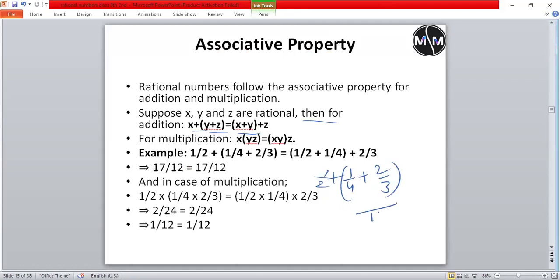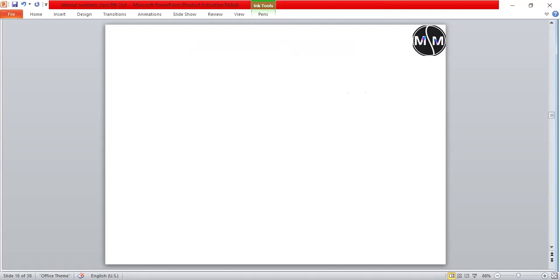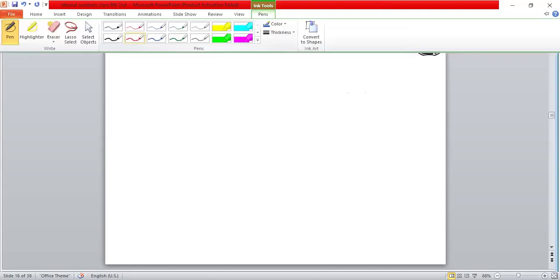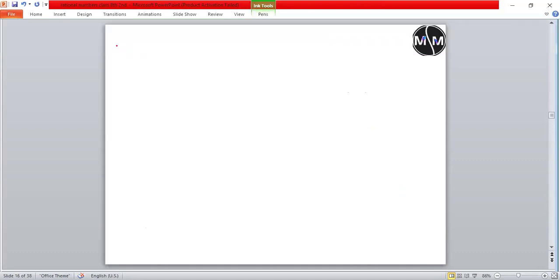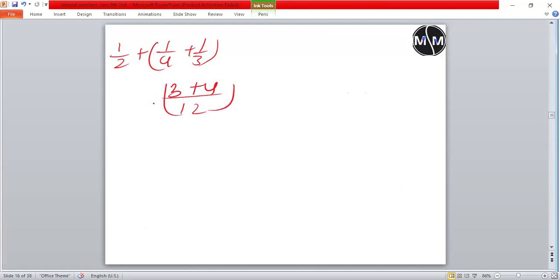The LCM is 12, and here 3 plus 8 is equal to 11 by 12. I will take the next new example: 1 by 2 plus 1 by 4 plus 1 by 3. The LCM is 12, and we get here 3 plus 4, with brackets used.